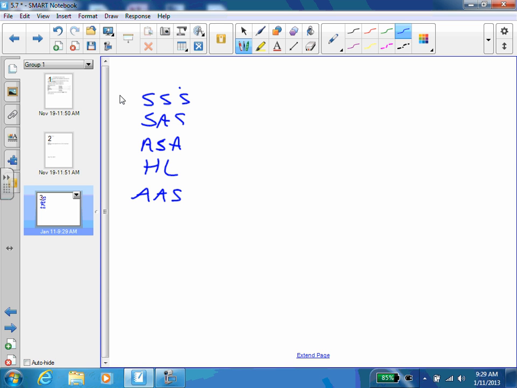However, we always said we don't spell a bad word because that one is ambiguous. If we know the lengths of 2 sides and we know an angle down here, we can create multiple triangles.